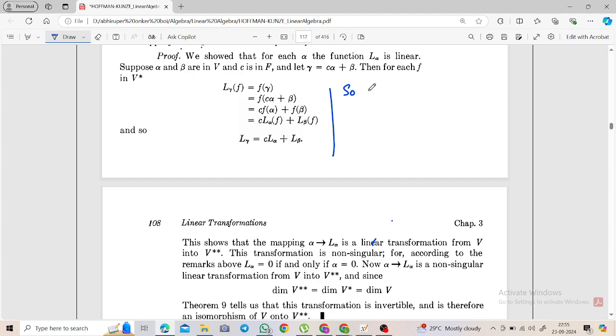When is a linear transformation non-singular? A linear transformation is non-singular if it sends no non-zero vectors to zero vectors, right?